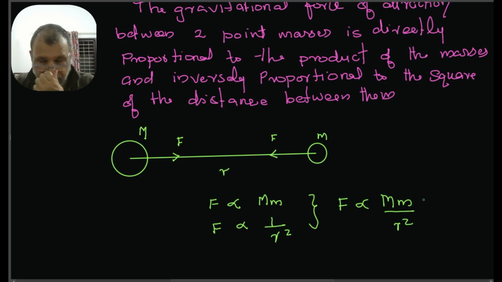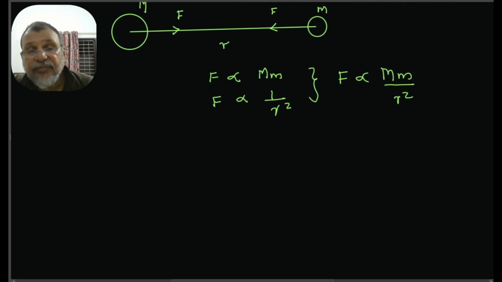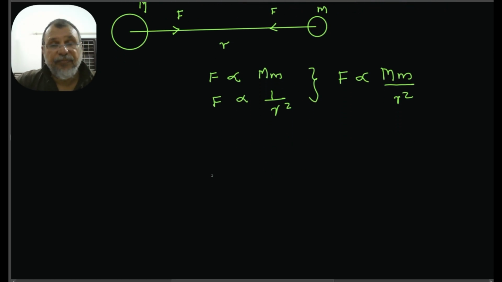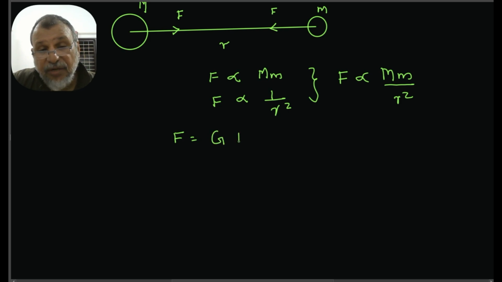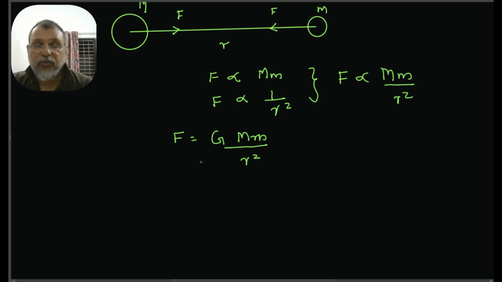Now we can change this proportionality into an equation by multiplying it with a constant. So the gravitational force of attraction between the two masses is F equals G times Mm over r square.